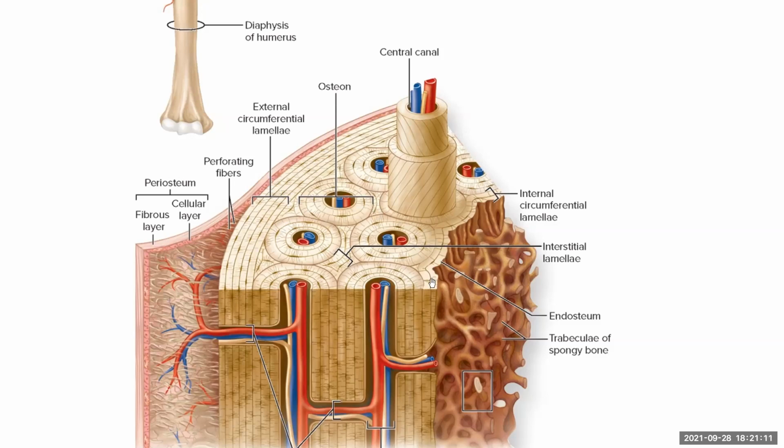On the inside, here's our endosteum, and we have our internal circumferential lamellae. Then you'll have partial lamellae throughout, and that's the interstitial lamellae. That's where we used to have an osteon, but part of it got resorbed for whatever reason: as the bone was growing, if the bone was damaged, or if some stresses were detected, so we had to change things up.